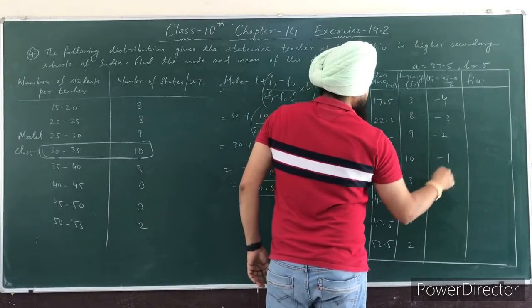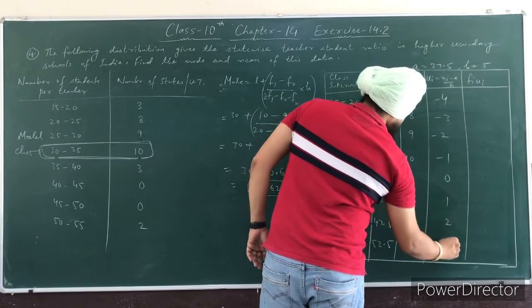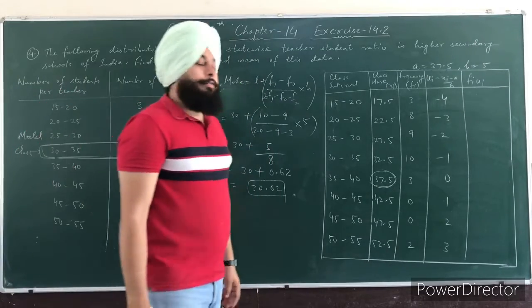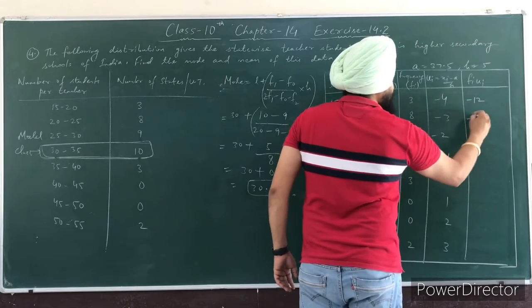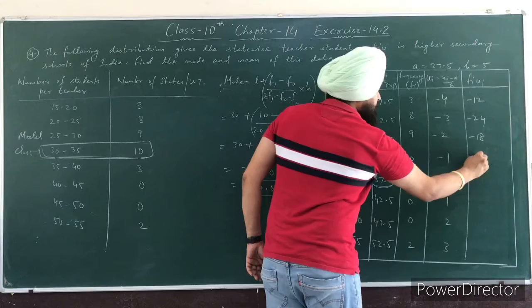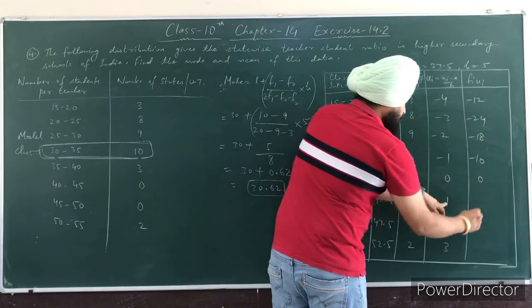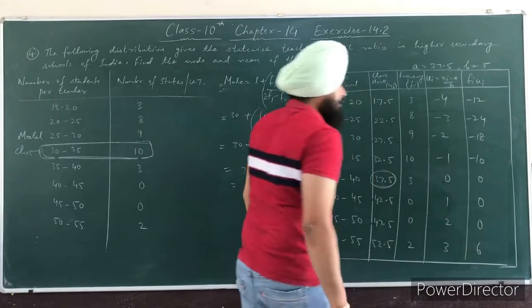This is minus 2, minus 1, 0, 1, 2 and 3. Now find the product of fi ui. So 3 into minus 4, minus 12, 8 threes are 24, 9 twos are 18, 10 into minus 1, minus 10, 3 into 0, 0, 0 into 1, 0, 0 into 2, 0, 2 threes are 6.